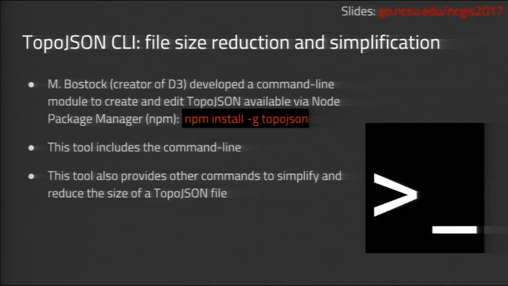So he is the main developer of D3. And this module, again, it's for editing Topojson files, and you can get it via the Node package manager if anyone uses Node. It's a simple command line tool that there's a lot of good documentation on it on the D3 website.